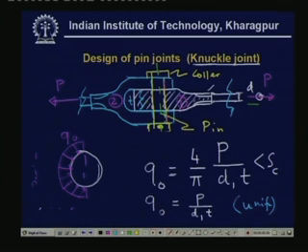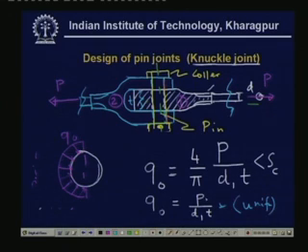Therefore if you design with this, we have a conservative design, because now q naught is more than this value. If you want to select the value of D using this, you get a larger value.